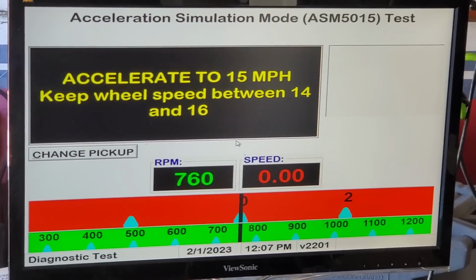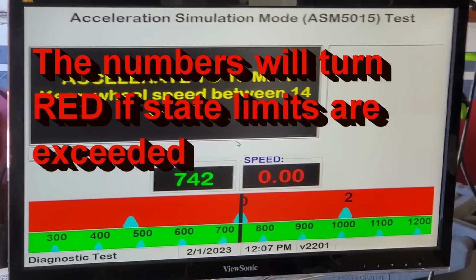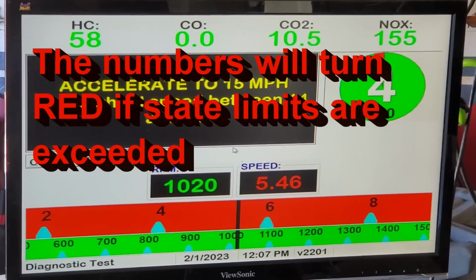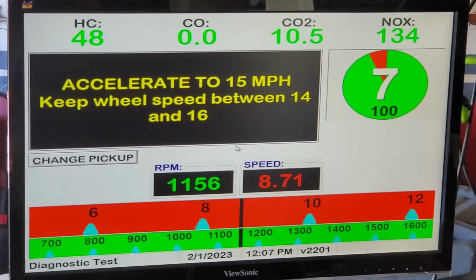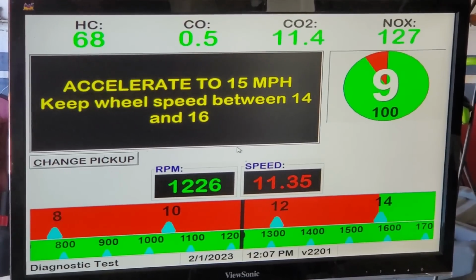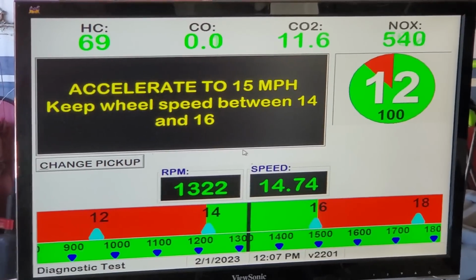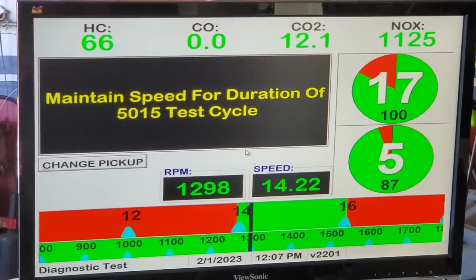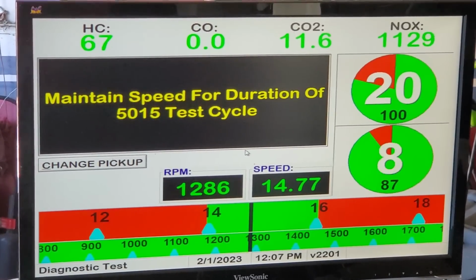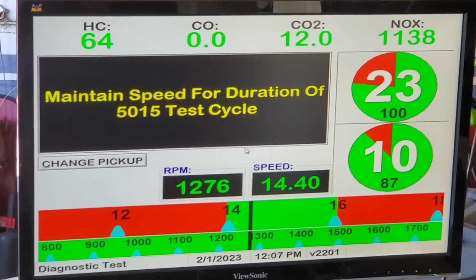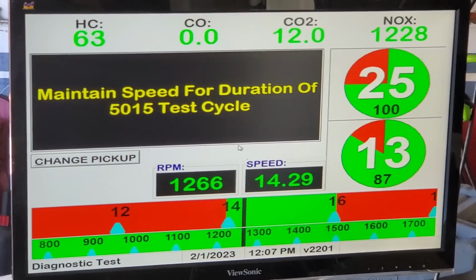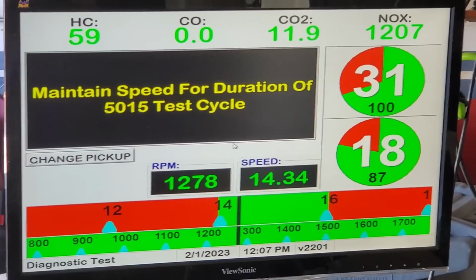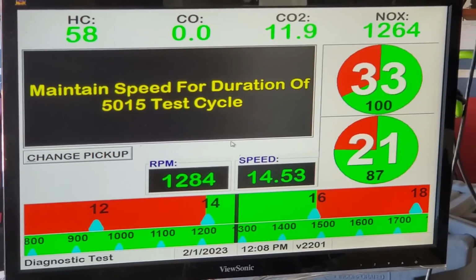You'll see up at the top when I start driving it what's passing and what's failing. Wow, the NOx limit is a lot higher than I thought. So it's passing.